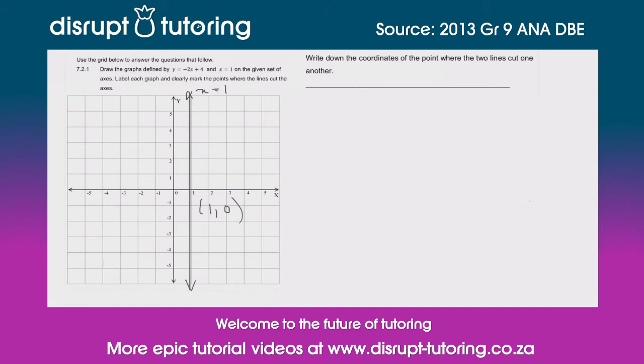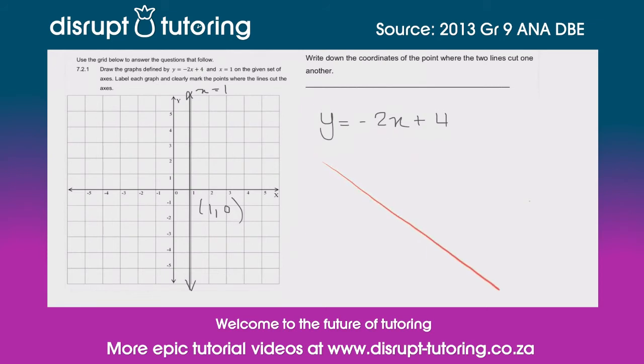Now let's go on to our next line. So we've got the line y is equal to minus 2x plus 4. Now we've got an mx plus c. The m is our gradient. So the gradient means how steep is the line and which direction does it slope. In this case, we've got a fairly steep slope that goes downwards.